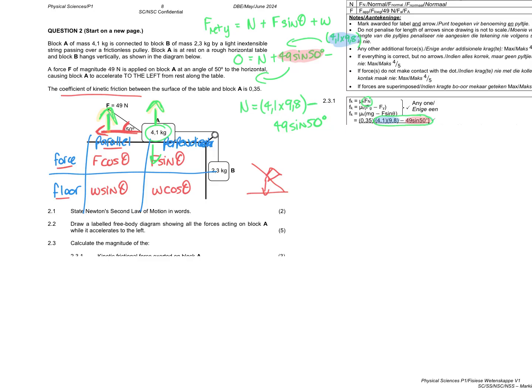So what they're doing is quite hectic, but you can work it out separately if you like. You can do it baby steps rather than all in one big lump like this. This memo is a bit intimidating, and then you get your answer of 0,93.